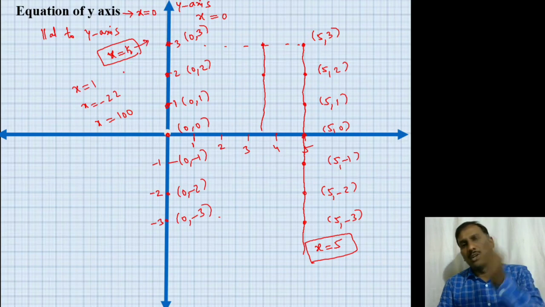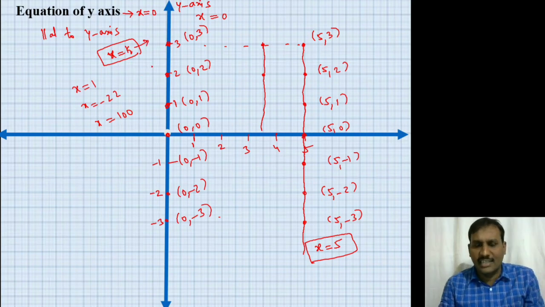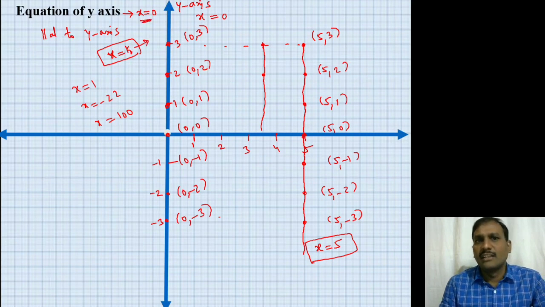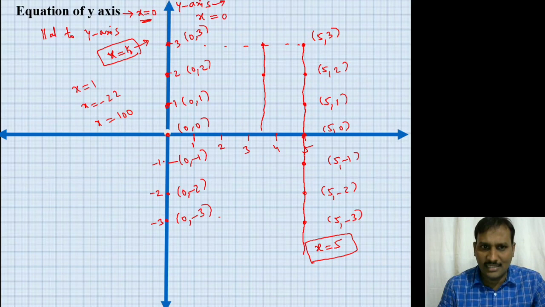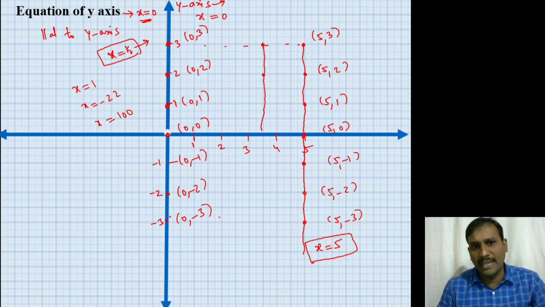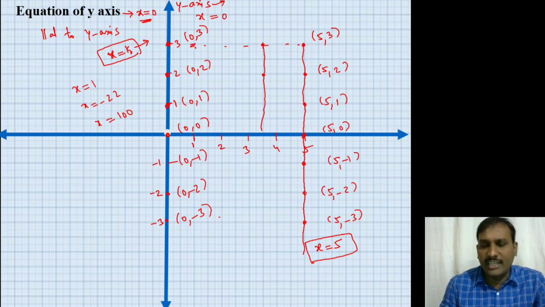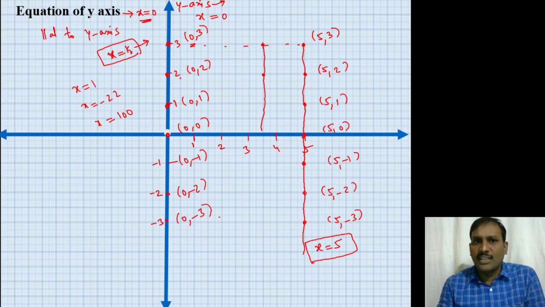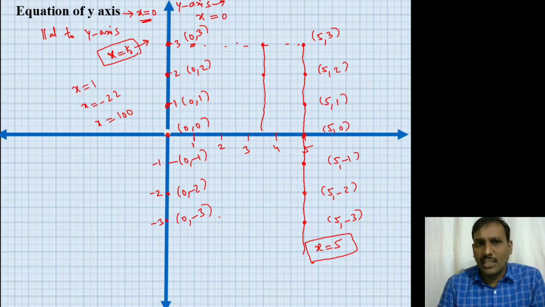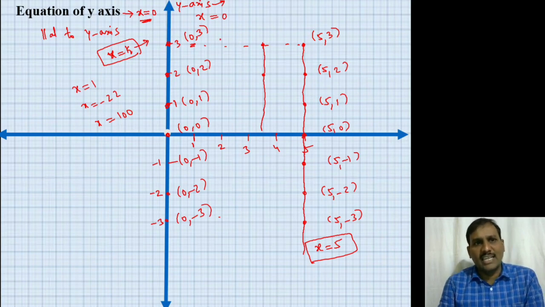When x is constant, that line is parallel to y-axis. When x is equal to 0, that represents y-axis. You take any point on y-axis, the x coordinate, the abscissa, the first coordinate will be 0. Okay friends, so this is about the equation of x-axis and the equation of y-axis.